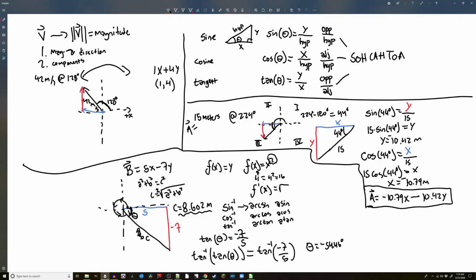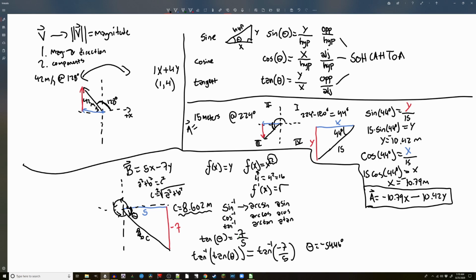So in order to get the whole big angle, the standard counterclockwise angle, I'm going to take this negative 54.46 and add it to 360. Basically, I'm taking 360 minus 54.46 to get my final answer. That's going to be this leftover, because the whole way around is 360, and you subtract off the 54.46.